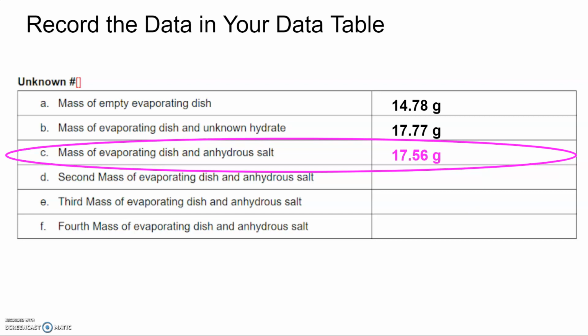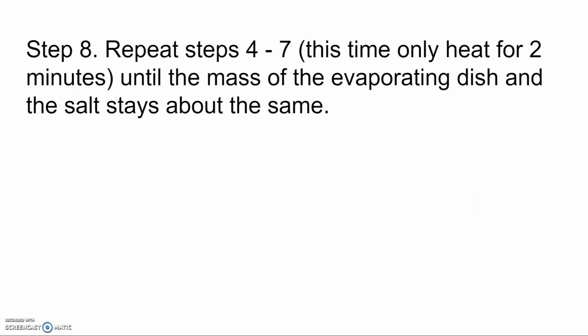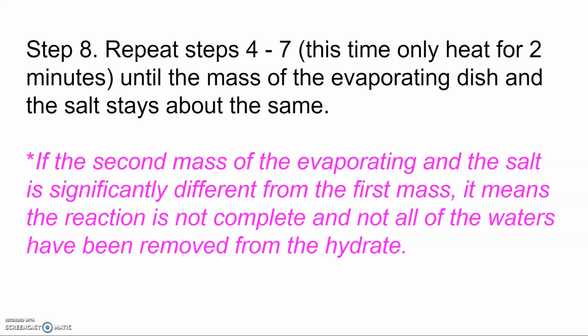All right, so now that we've got the mass, we need to double check to make sure we've removed all the water. The way that we do that is we're going to repeat the last few steps where we heat it and weigh it to make sure we remove all the water. And we'll know that we've removed all the water when 2 subsequent masses are approximately the same.